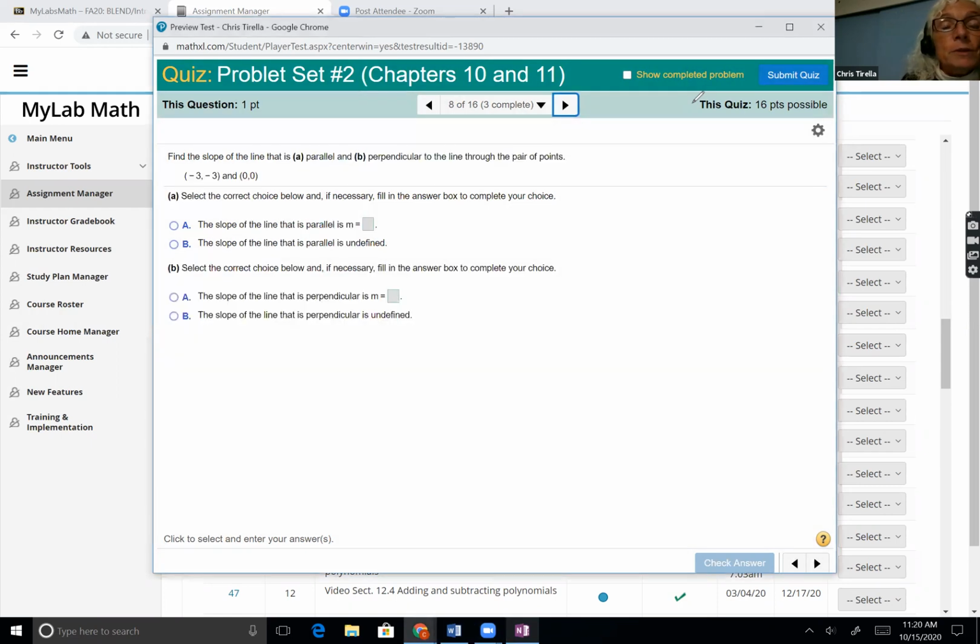Find the slope of a line parallel and perpendicular to the line through the pairs of points. This is kind of a multi-step problem. In order to find the slope of a parallel or perpendicular line, first we have to find the slope between those two points. And so if I call this one x1, y1, and this one x2, y2, you need to remember that the slope is the difference in the y's over the difference in the x's.